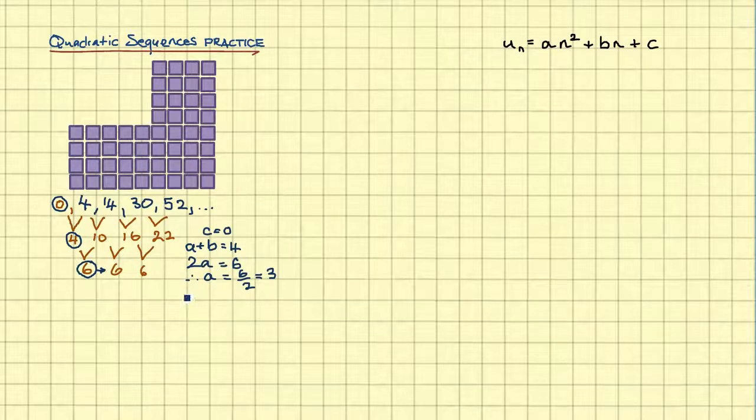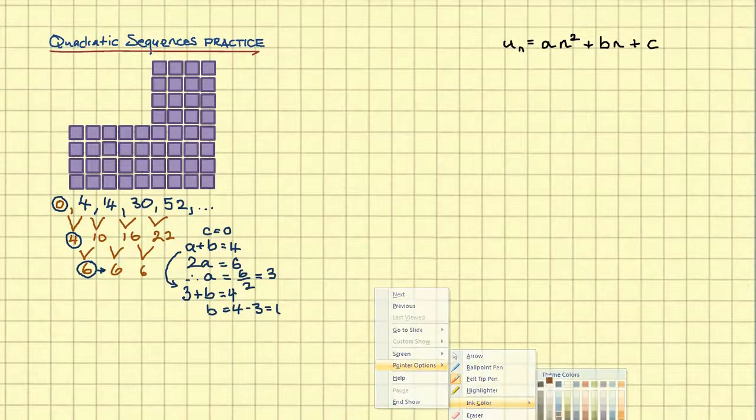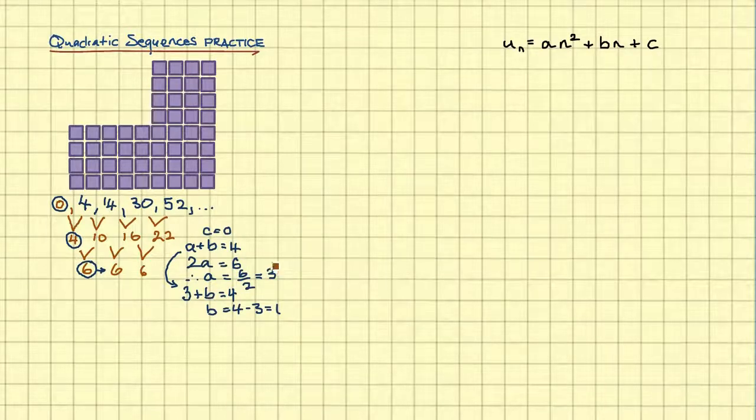So now I've got a equals 3, c equals 0. The last thing to find is b here. I'm just going to change that in case that looks like a b. That's 6. So if a, which is 3, plus b equals 4, well then b must equal, subtract 3 from both sides, 4 minus 3, which equals 1.